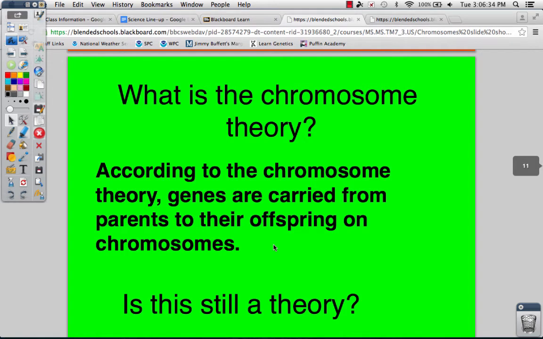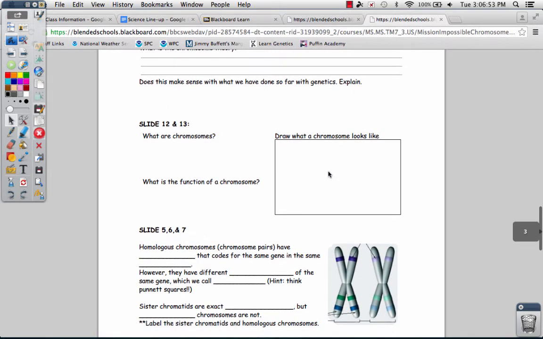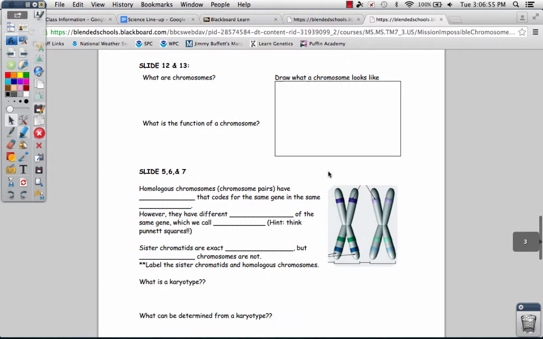Well, no, actually. We know this. Through current scientific research, we know that genes have been found on these chromosomes. We know this for a fact. So is this still a theory? No, it's not.